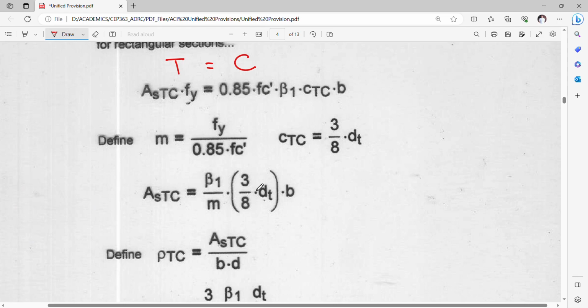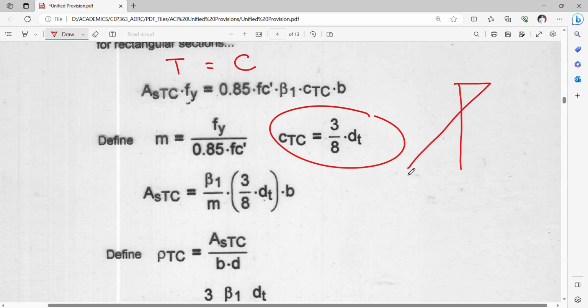Okay. So we can derive the ratio between your rho tc by defining rho tc as your As_tc all over bd and making use of a proportion here for c_tc is equal to 3/8 of your dt. So again, if I have here the diagram, so this is my c_tc, this is 0.003, and I have 0.005.